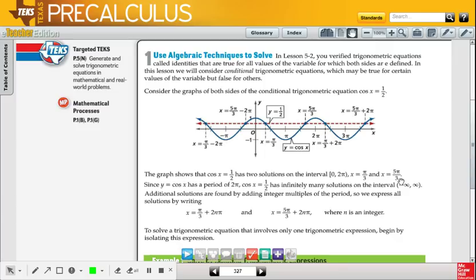So what it means is that the value of x, that's basically asking at what angle, in degrees or radians, the cosine value is equal to 1/2. So if you were to look at the cosine graph here, you would look for where the y value is 1/2.